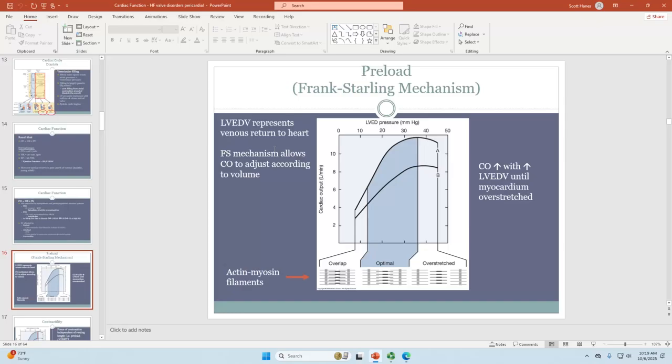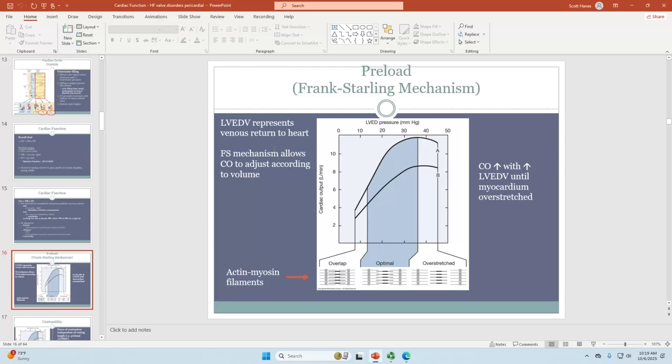We have left ventricular end diastolic pressure, because we can't measure the actual amount of blood in the ventricle, we can only measure pressure, which we then relate to volume. So left ventricular end diastolic pressure is equivalent to left ventricular end diastolic volume. Okay, so you can use those interchangeably from a graph standpoint. We have that on the x-axis, and cardiac output, or you could also substitute stroke volume there, to get the same sort of graph.